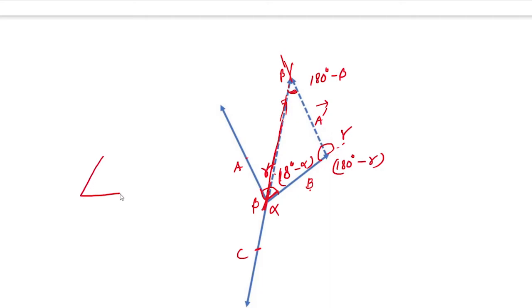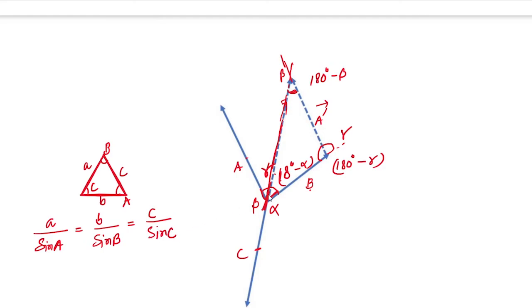Sine law is, if we have a triangle where the sides are A, B, C, and the angles opposite to each side are A, opposite to B is B, opposite to C is C, we have A divided by sin A equals B divided by sin B equals C divided by sin C.